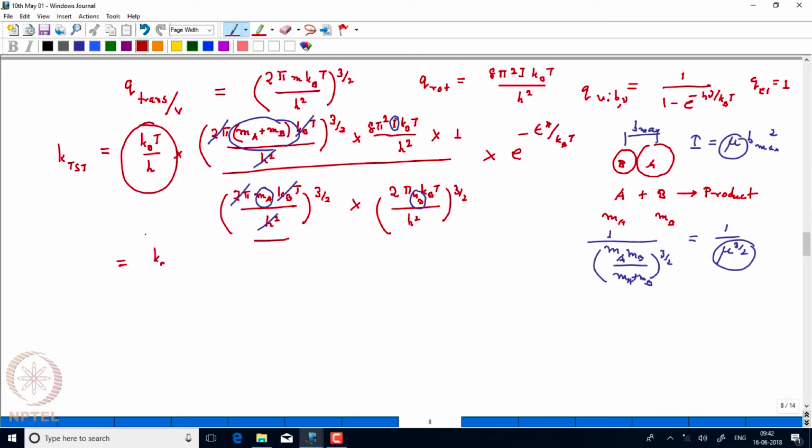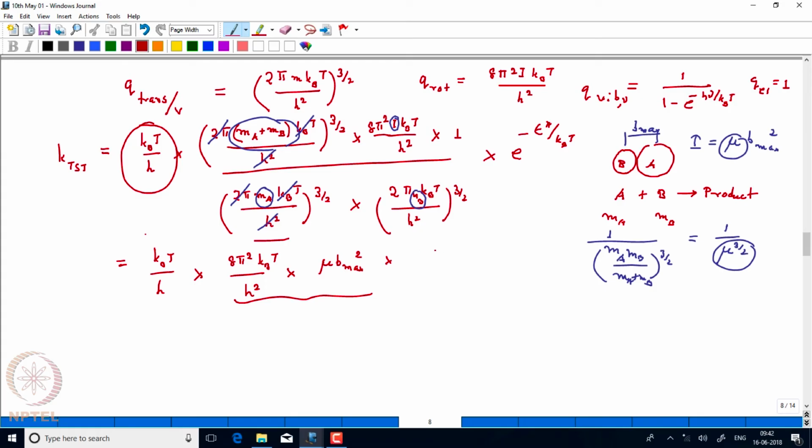So we will have 1 kBT by h times, I am writing the rotational partition function first, 8π² kBT divided by h², and I am writing I as μ B max squared. That was the rotational partition function.